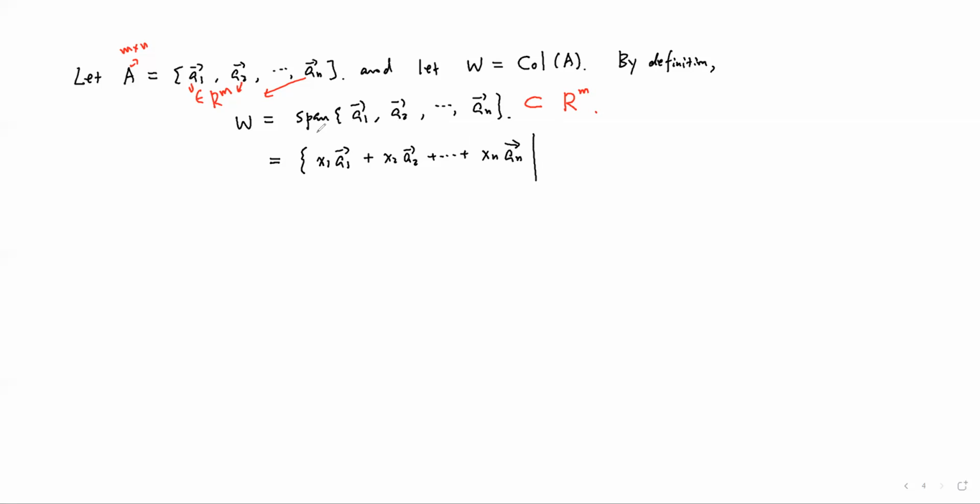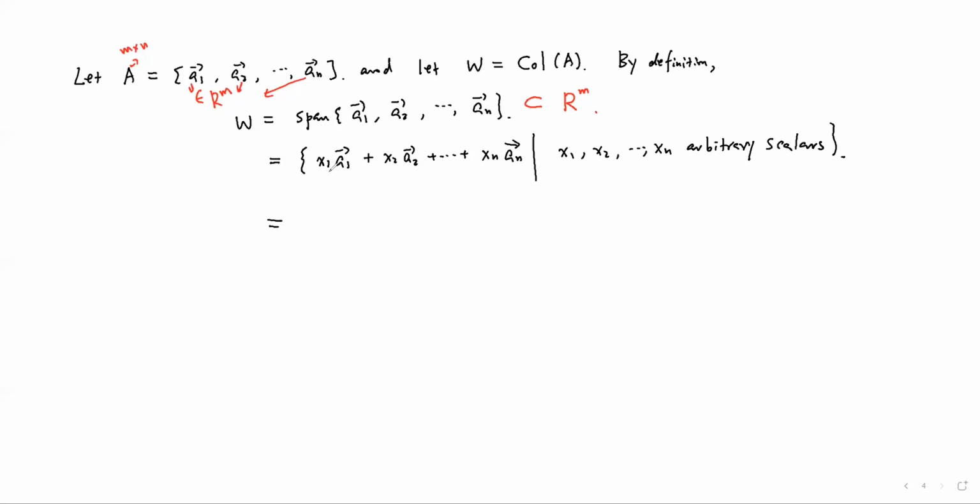Each element of W is a linear combination of the columns, where x1, x2 are arbitrary scalars, arbitrary numbers, right? So W, the column space, is the set of all possible linear combinations of the columns.